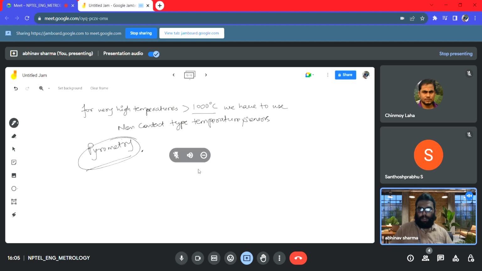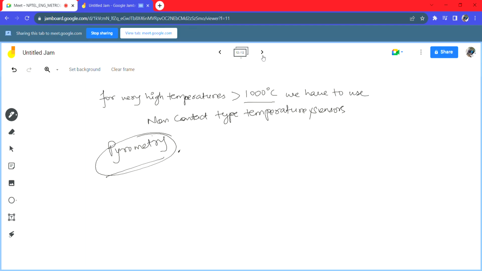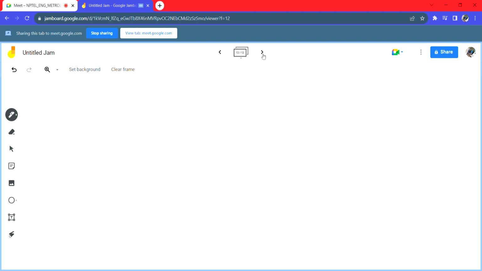Okay, so let us now move on to the second topic after temperature measurements. Let us now start. Pressure transducers.